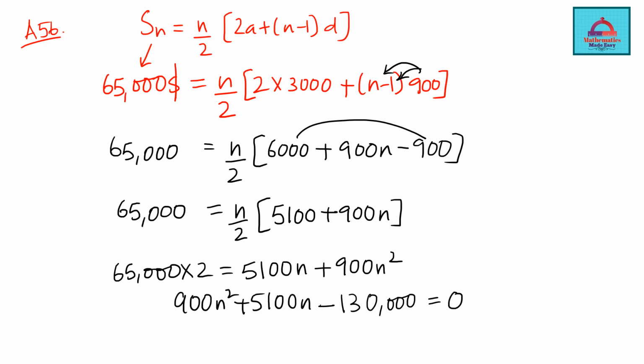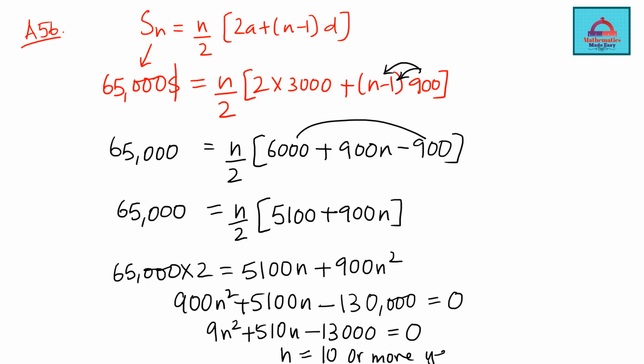So we'll check that. So you can simply remove 100 from here, so it will become this much. Now you solve for the value of n, and your n will come out to be 10 or more years. So that's how you solve.